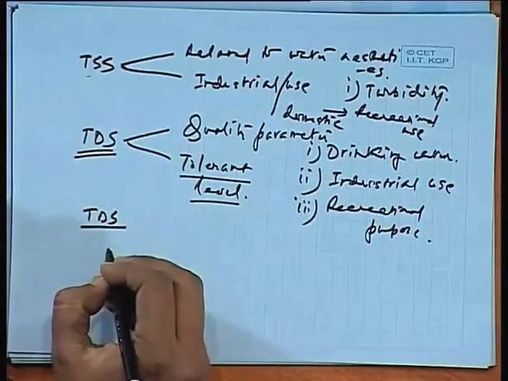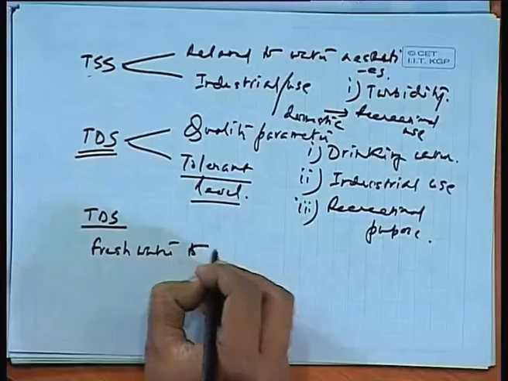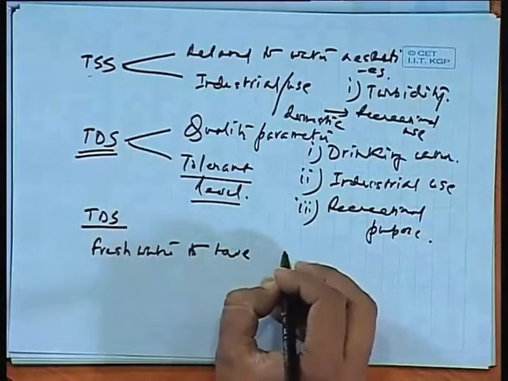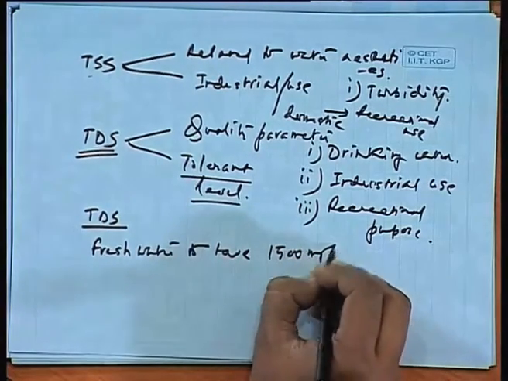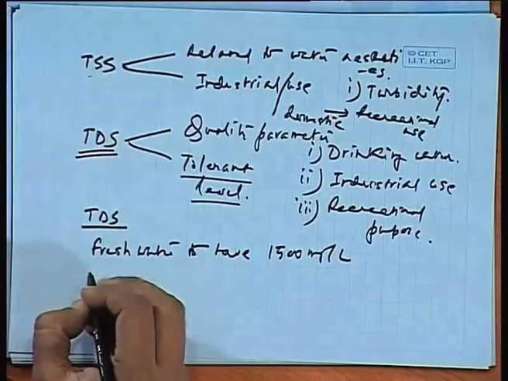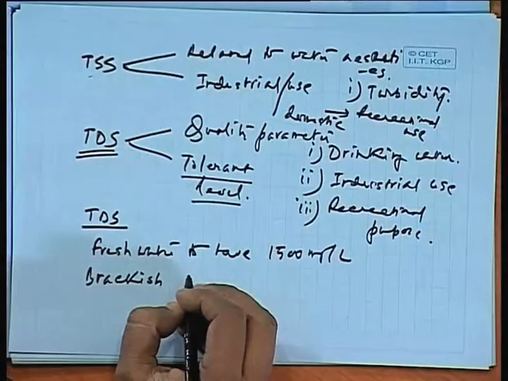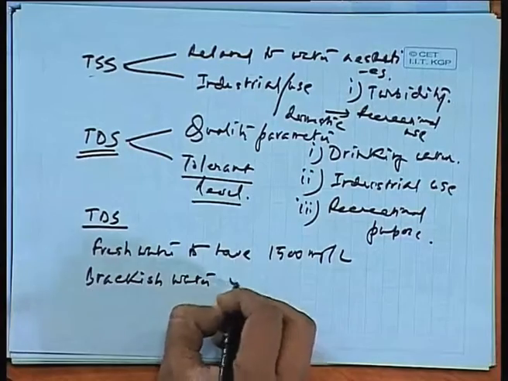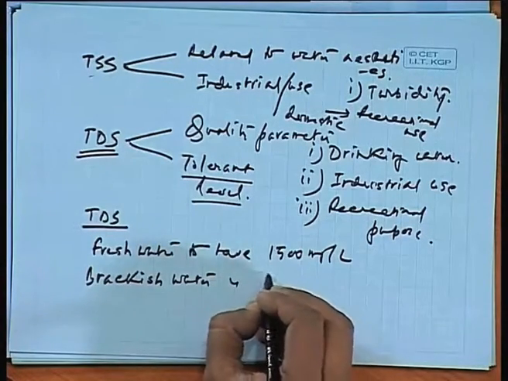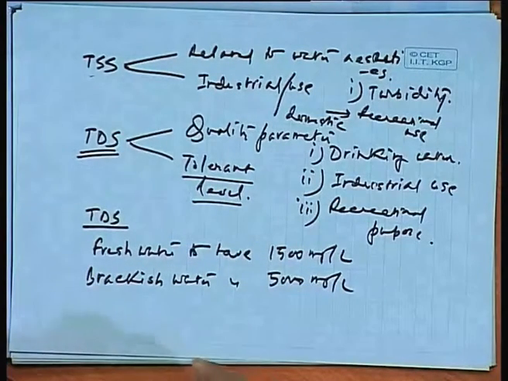we have characterized fresh water to have about 1500 milligram per liter. Brackish water is characterized to have up to 5000 milligram per liter.